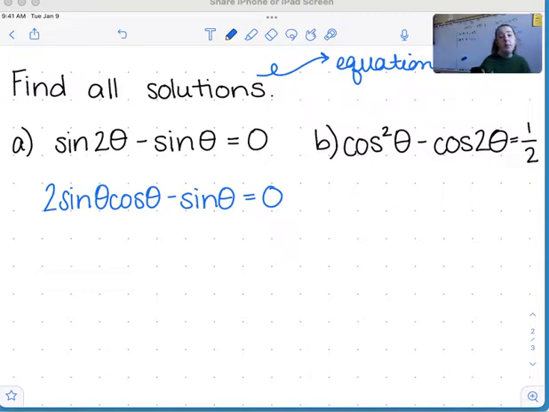What you might notice about both of those terms is that they have a sine. So we'll factor this sine out. Remember, when we factor out, that means we divide. So when we take 2 sine cosine divided by sine, the sines cancel out, so we're left with 2 cosine. Minus sine divided by sine is 1.